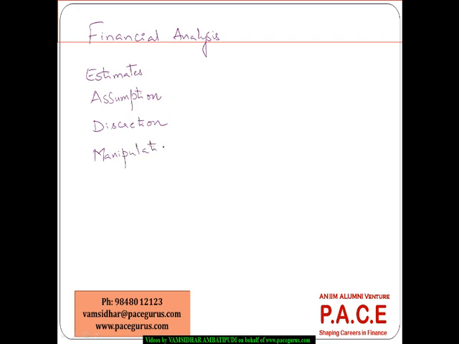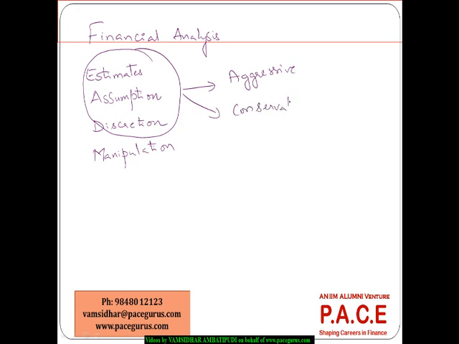Because of all the above, I could very clearly see that the company may play around with the expenses. It can be very aggressive or very conservative. If it is very aggressive, it shows much lesser expenses in the initial periods. If it is more and more conservative, it will show more expenses in the initial period.